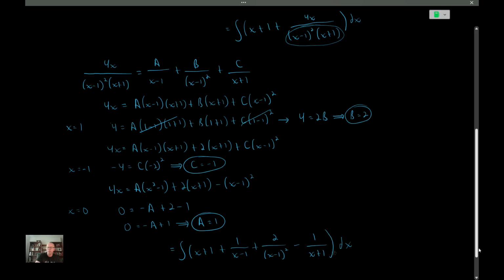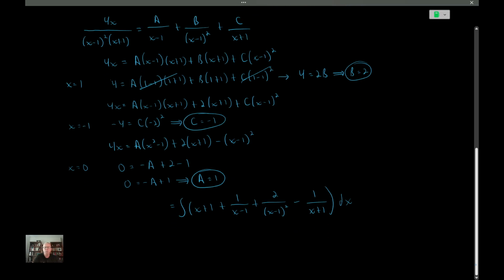And now it's fairly easy. So let's look at integrating this. So we have 1/2 x squared plus x plus ln|x minus 1|. Now, this is the only one that may trip you up a little bit. If you like, you could do a u substitution. This is a fairly simple one.